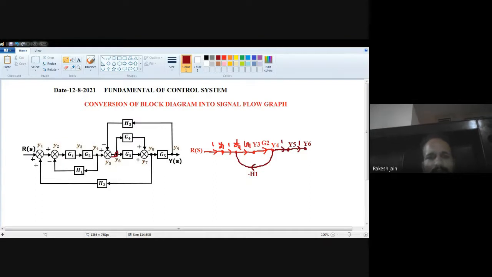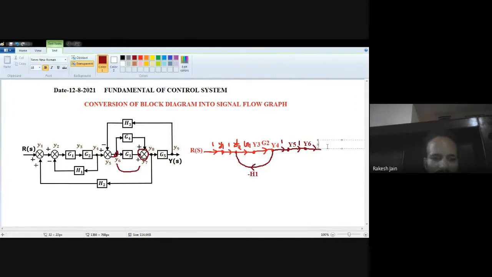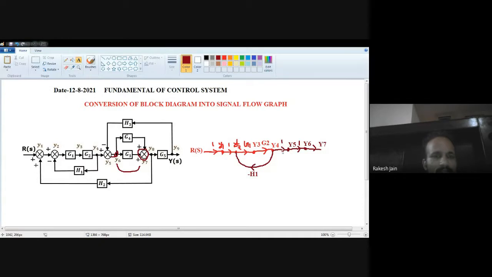Now see, from y6 to y7 there are gains g3 and g4 shown in the diagram. From y6 to y7 this is a summing junction. In between y6 and the summing junction whose name is y7, there is a block, that is g3. Because there is a block, I write down the gain as g3.